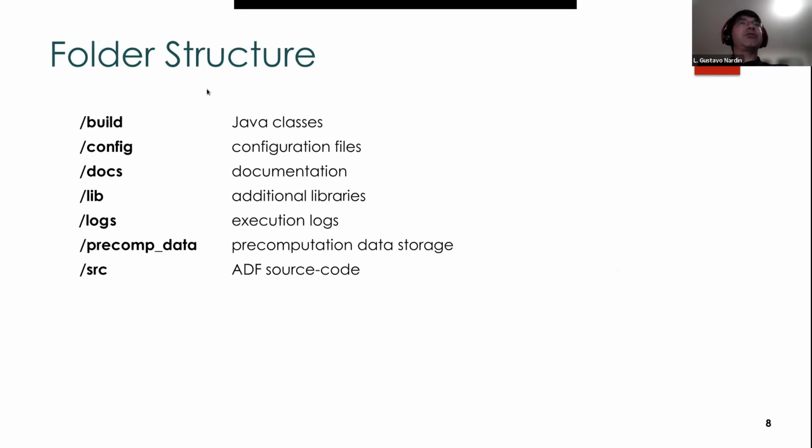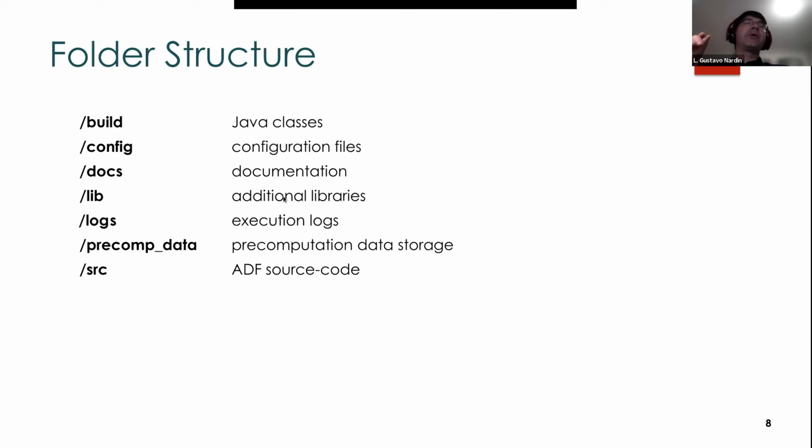The folder structure for the ADF is the following. The build has the Java classes, and the config folder has the configuration files. We will go through some of the configuration files later. Docs has the documentation, and lib has additional libraries.